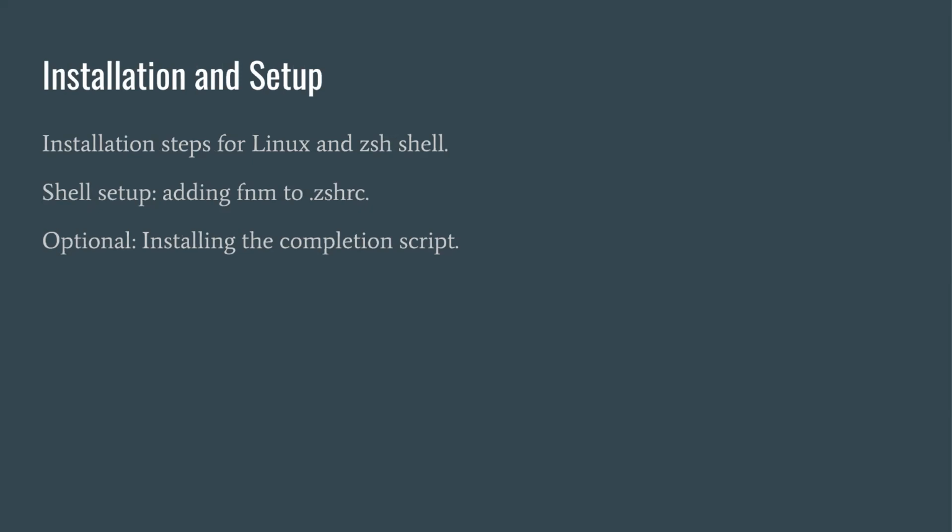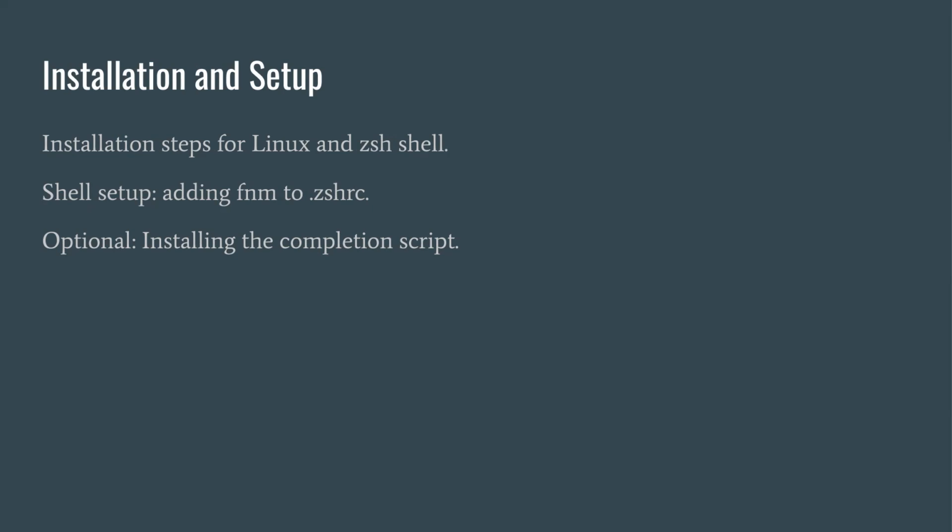Installation and setup. We're going to go into detail of installation and setup in class, but you want to ensure that curl is installed so that FNM can be installed directly from the command line.